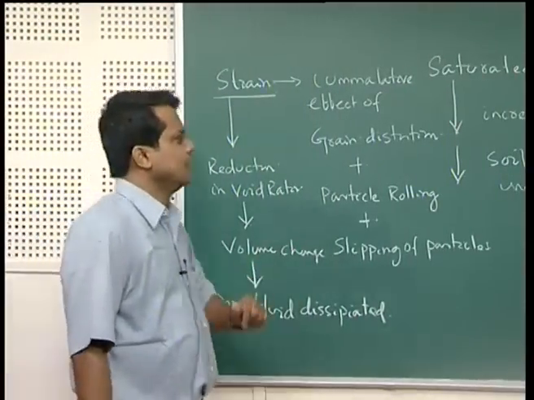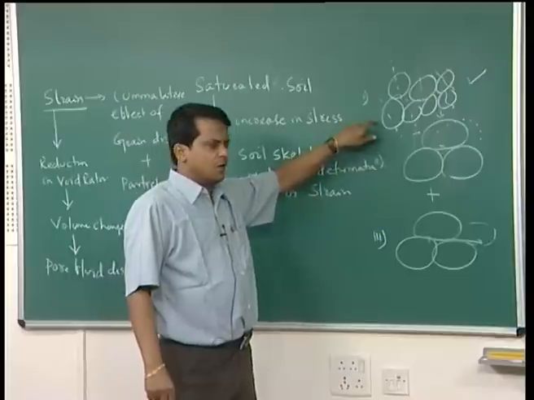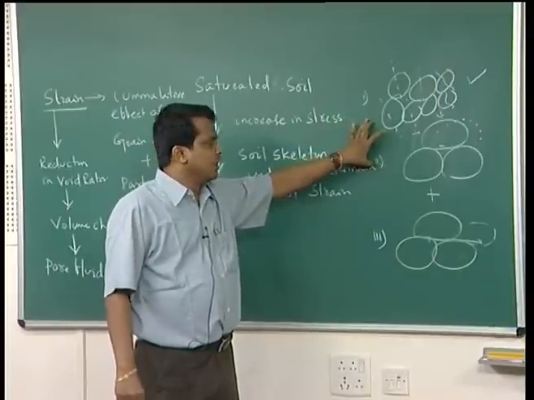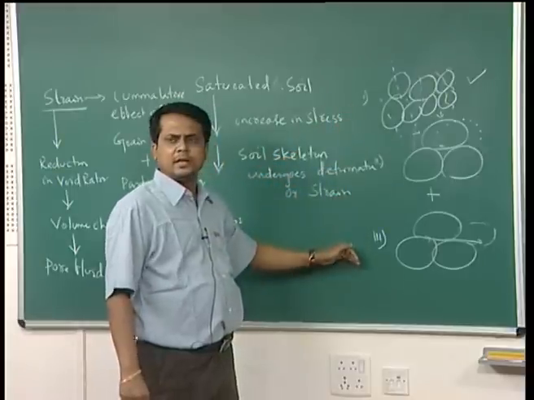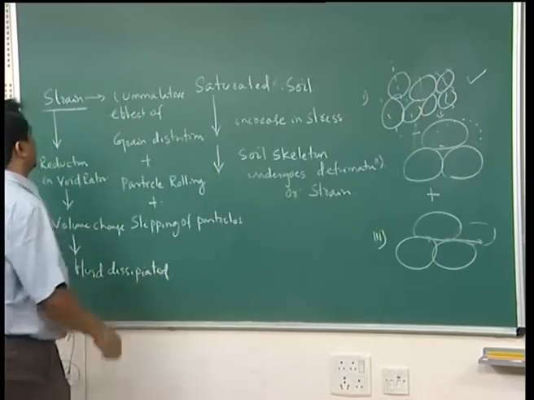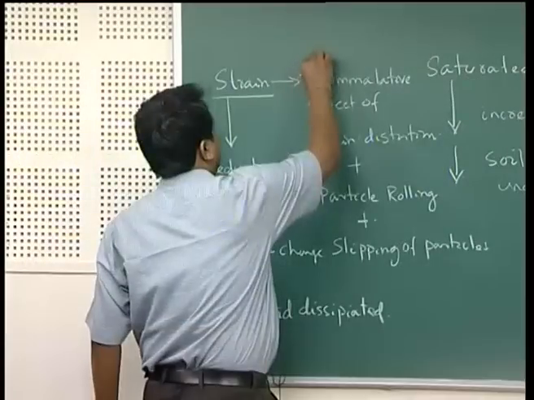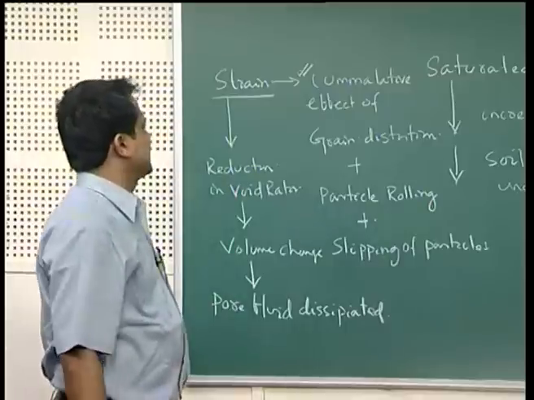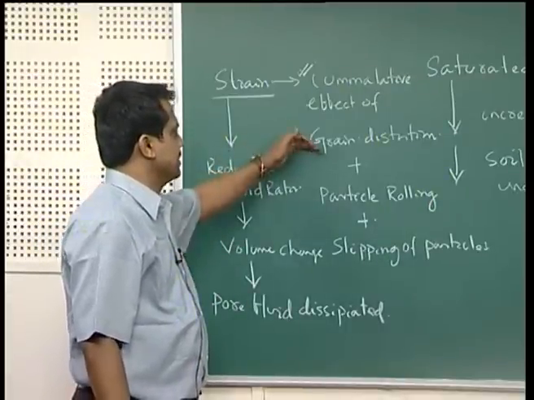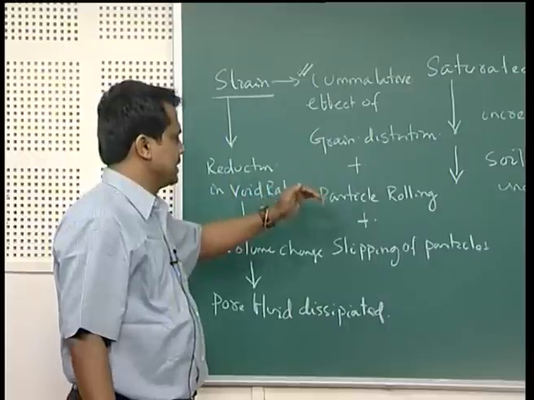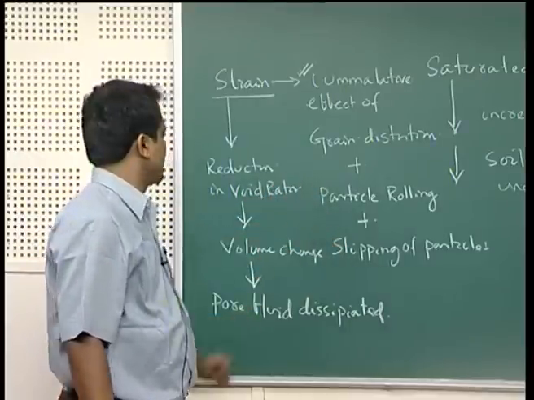It may be one phenomenon, two phenomena, or a cumulative effect of 1, 2, 3. So strain is the cumulative effect of grain distortion, particle rolling, and slipping of particles.